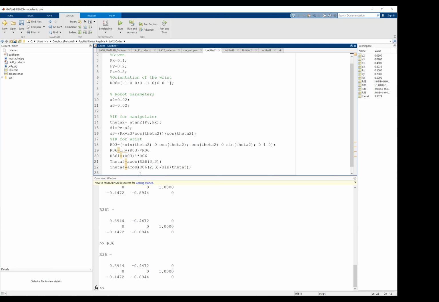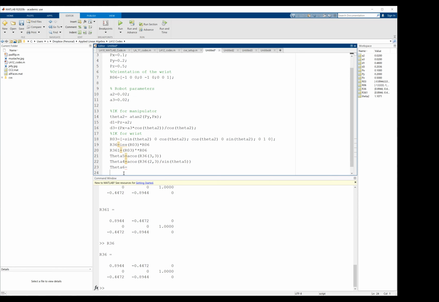And please check. Okay, just a second. R36, correct. Yes, I will post this code in Canvas. Last but not least, to find theta 6, I will have to do the same thing.